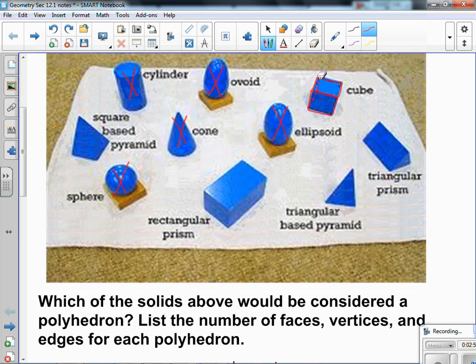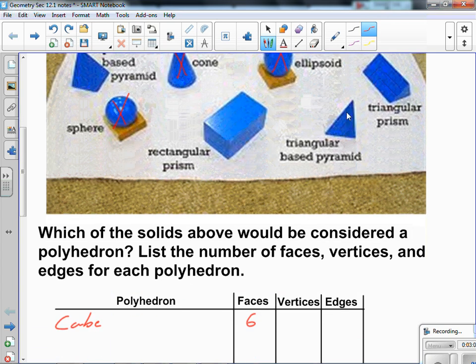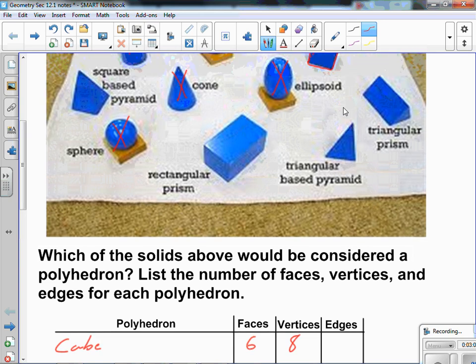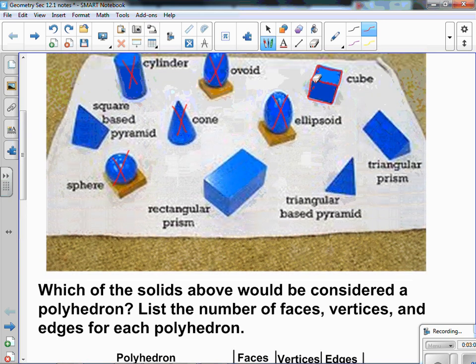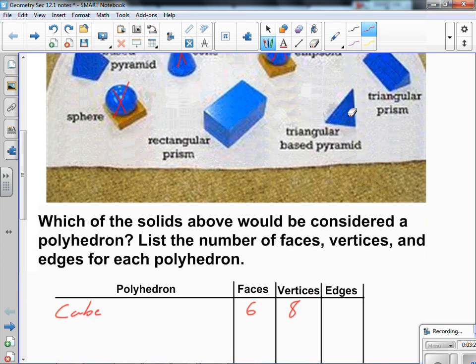Vertices, we have 4 on the top and then 4 on the bottom down there, so that'll be 8 vertices. And then edges are anywhere where the two sides come together, so we have 1, 2, 3, 4 on the top, 4 on the bottom, and then around the sides we have 4, so that's going to be 12.